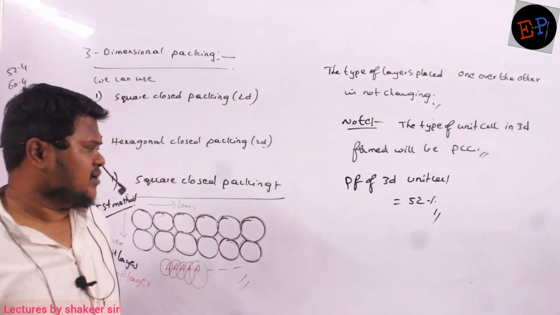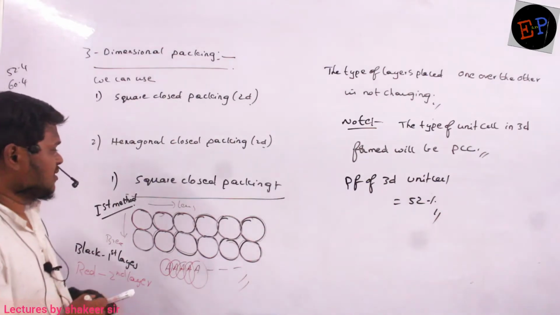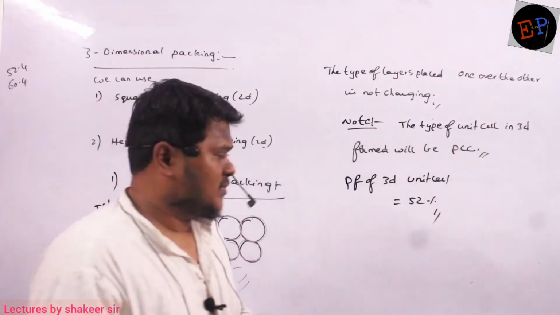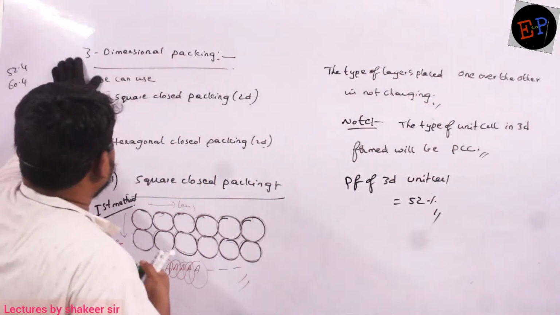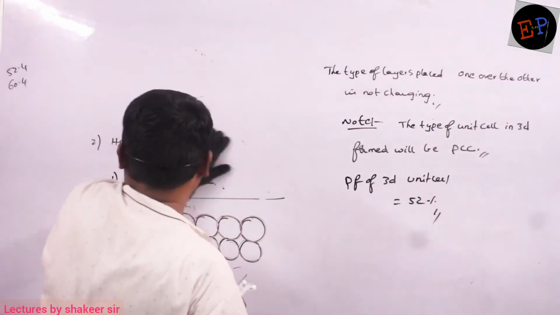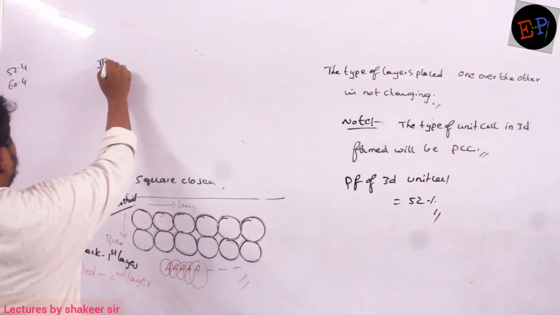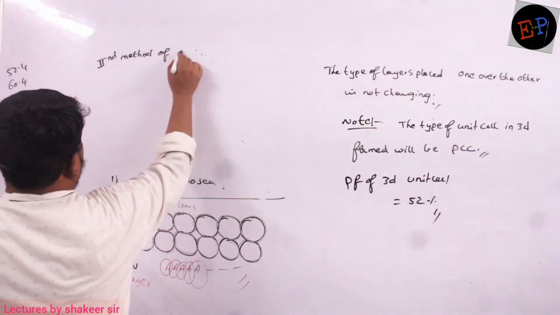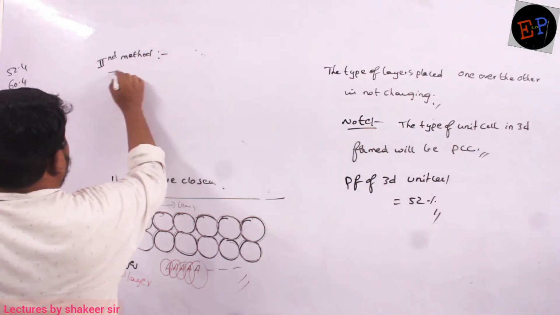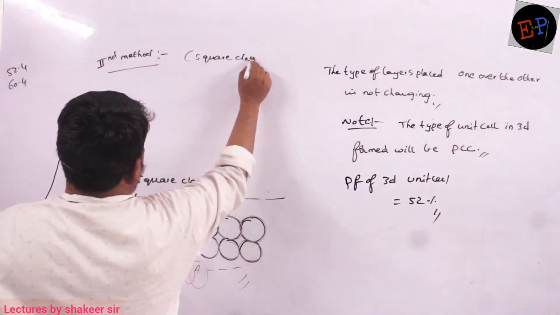No? So this is one kind of packing. Then we study the second method of packing in the same square closed packing. Clear now? Completed up to here? Okay. So the second method of packing in square closed packing.